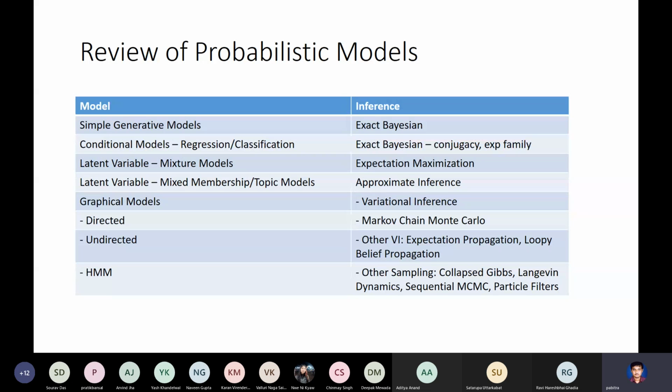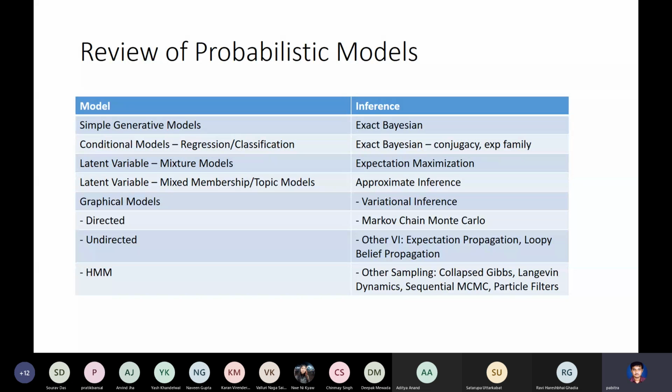And we have seen that if we consider the exponential family of distributions of a particular form, then everything is conjugate to every other member of the family. And then we saw a particular complicated form of exact Bayesian inference known as the expectation maximization algorithm, which you can apply to these mixture models and latent variable models.